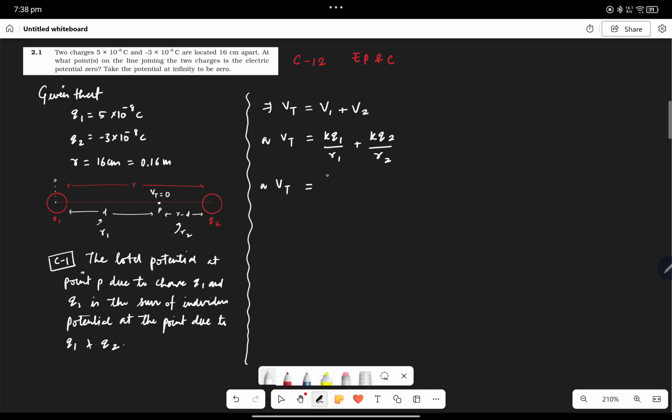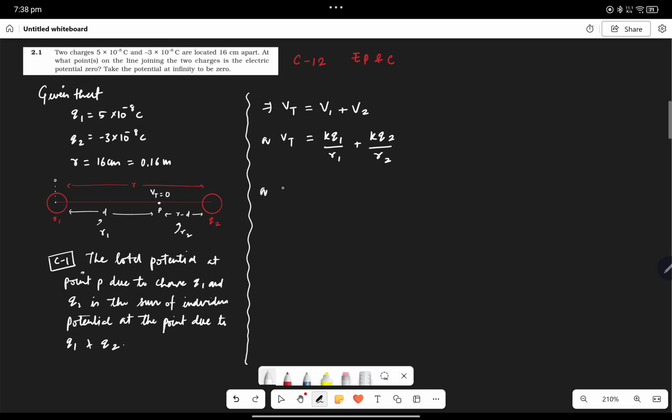So V total is equal to kq1 by R1 plus kq2 by R2. To simplify this equation, I am going to take V total equal to 0. That is given in the question, what we require: at point P, the V total is going to be 0.